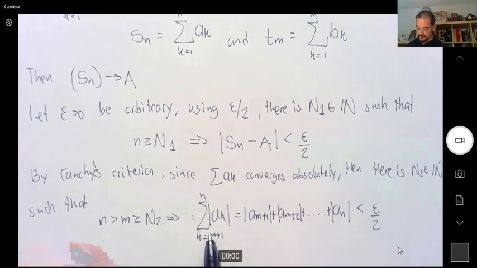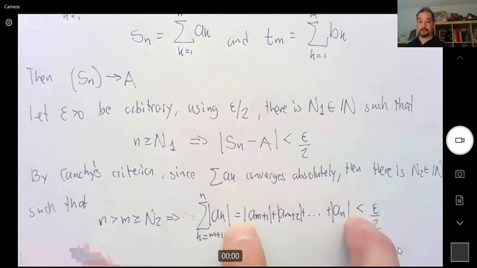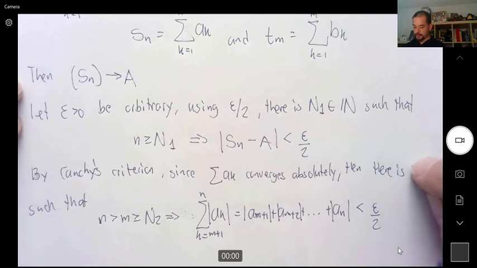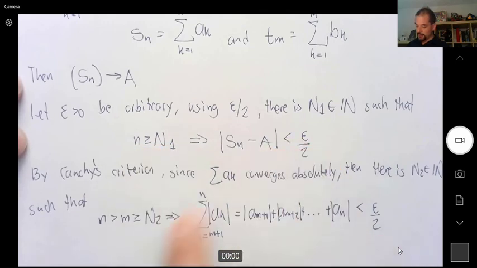You don't need another absolute value bar outside of the entire sum because this is positive. So these are my assumptions. I'm using this one as the fact that my series converges to A, and this one as the fact that my series converges absolutely, so the tails are smaller than epsilon over 2.